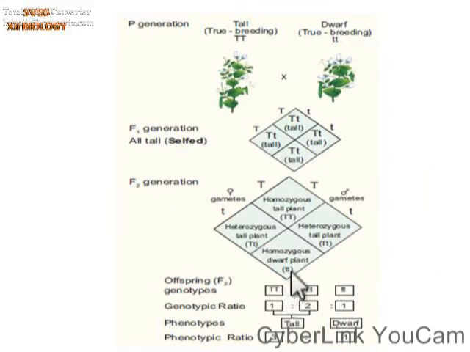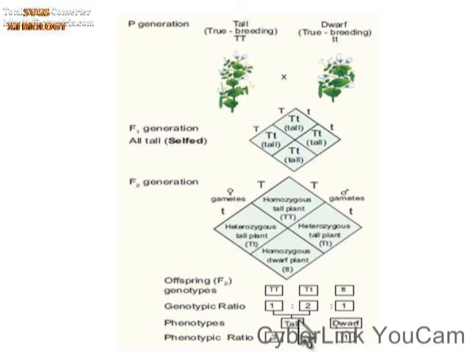When double small t comes, it means both the genes are recessive, which is responsible for the dwarf plant. This is how the genotypic ratio is 1:2:1. One is a tall plant with both dominant alleles, 2 are heterozygous, with one capital T and one small t, and 1 is the recessive one with both small t.